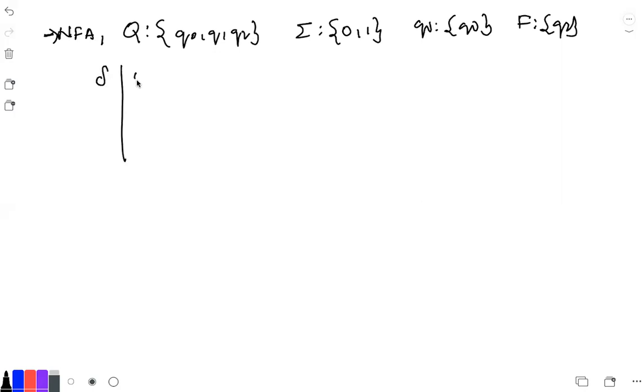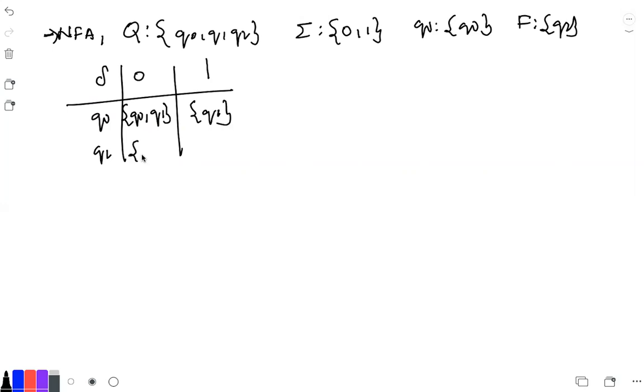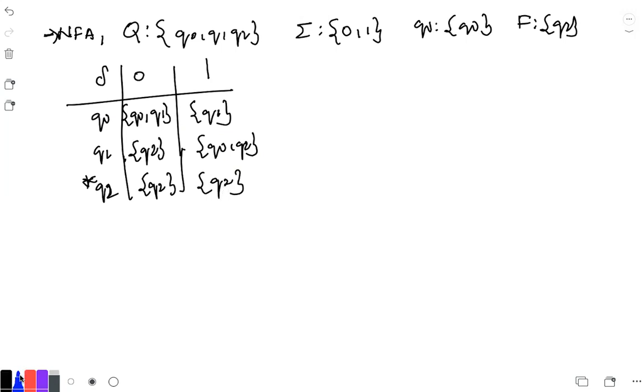So the transition function is as follows, delta on 0, 1. All of you construct the TD for this NFA, the transition diagram.